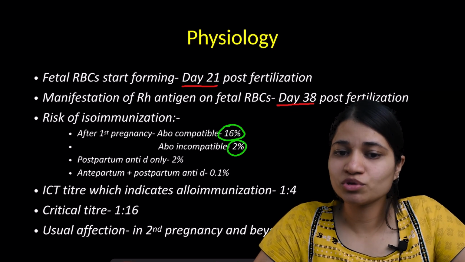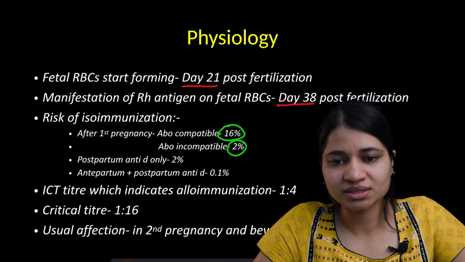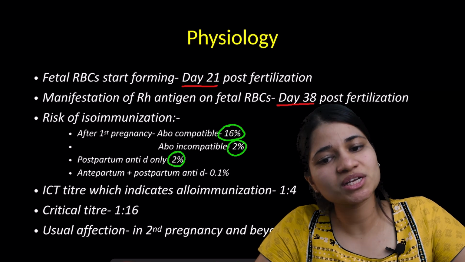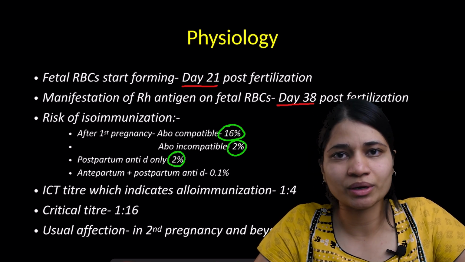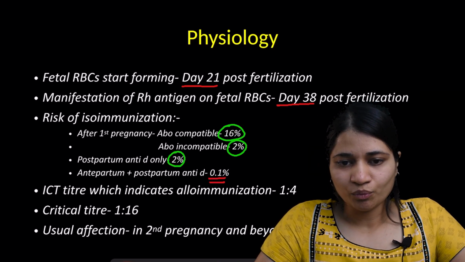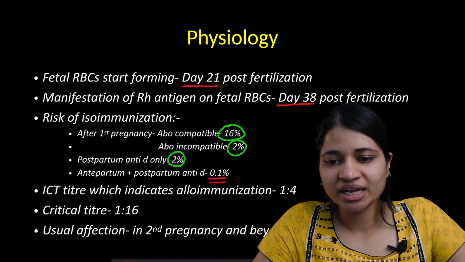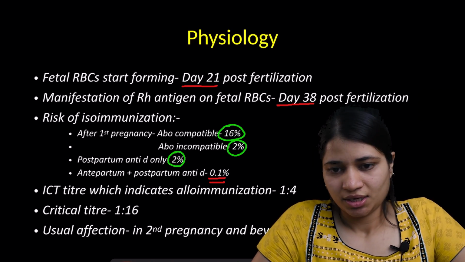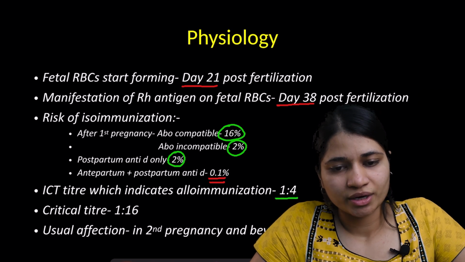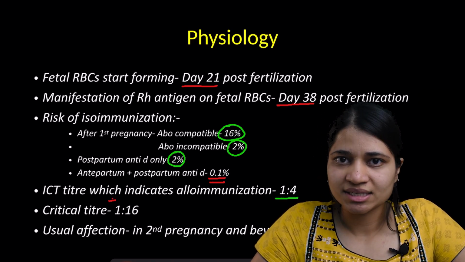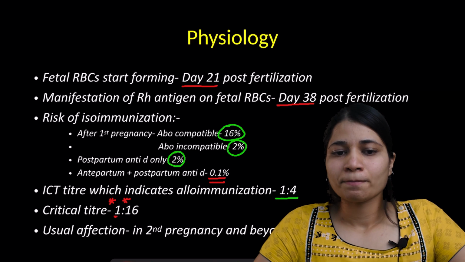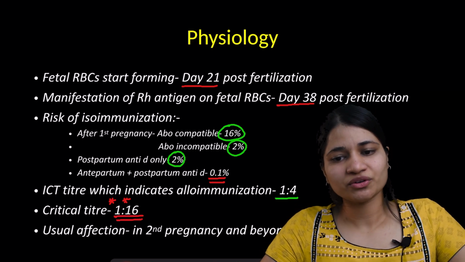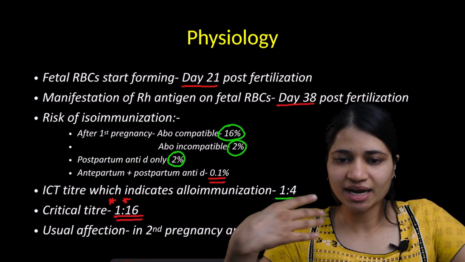If we only give postpartum anti-D, it is 2%, and if we give antepartum plus postpartum anti-D, it is 0.1%. What is the ICT titer which indicates alloimmunization? That is 1:4, whereas the critical titer is taken as 1:16. And as we know, the usual affection is in the second pregnancy and beyond.